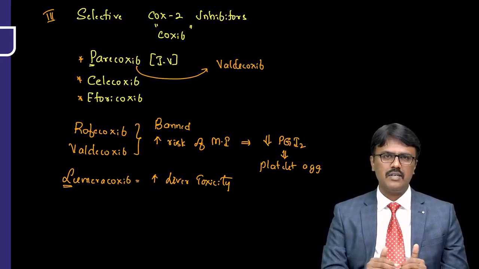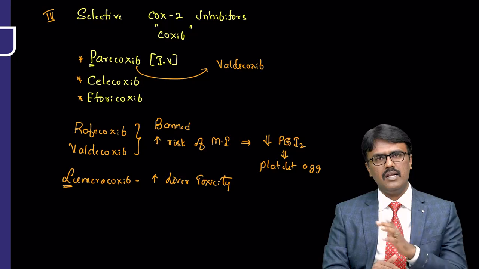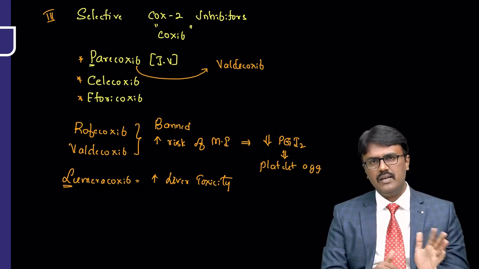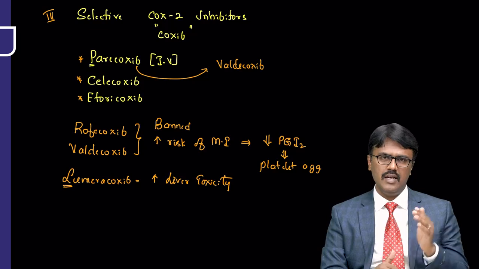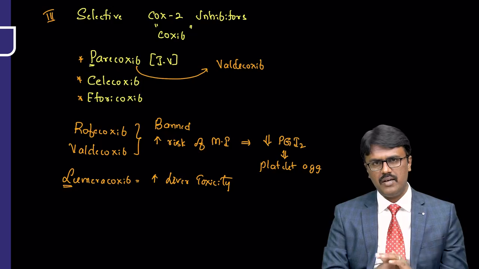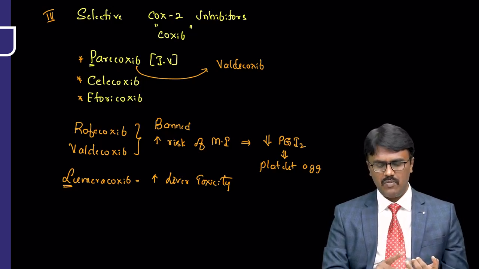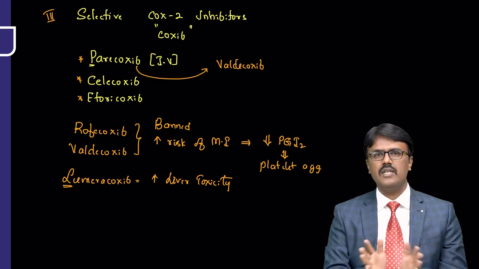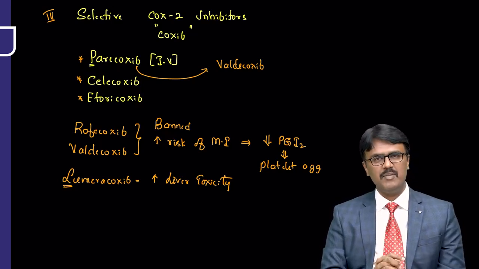So we have 3 classes of drugs: non-selective COX inhibitors, irreversible, only one drug aspirin, reversible, other drugs. Then preferential COX-2 inhibitors, the NAMED drugs, and then selective COX-2 inhibitors, with the risk of MI, and the banned drugs are rofecoxib, valdecoxib and lumiracoxib. So that is about the non-steroidal anti-inflammatory drugs.